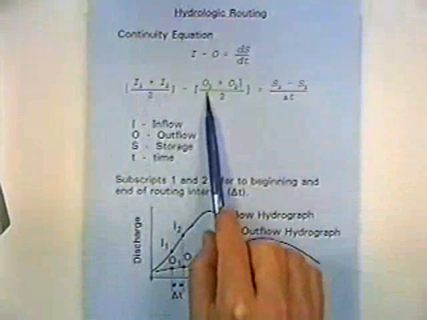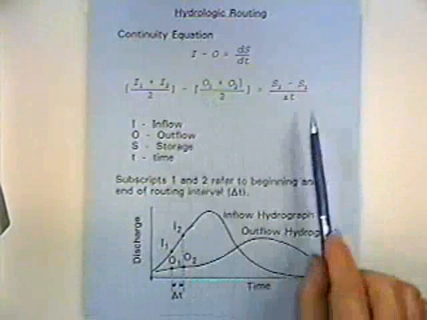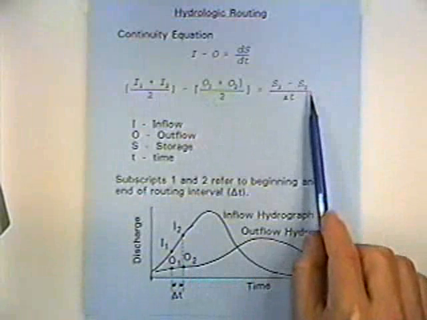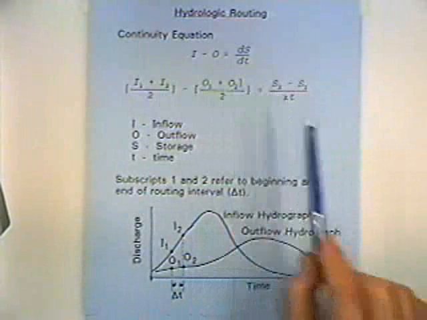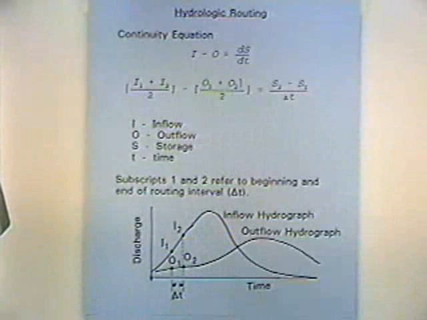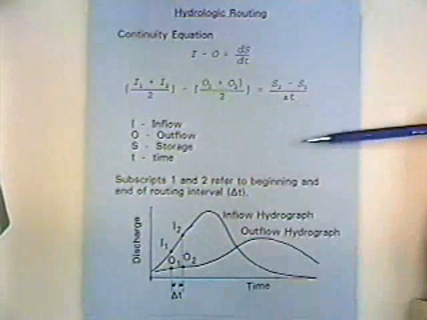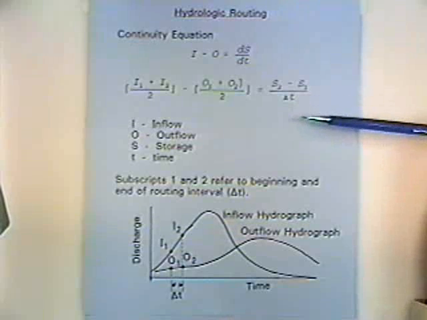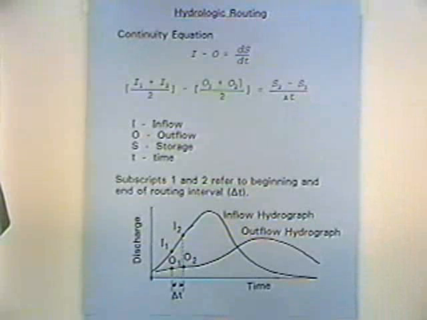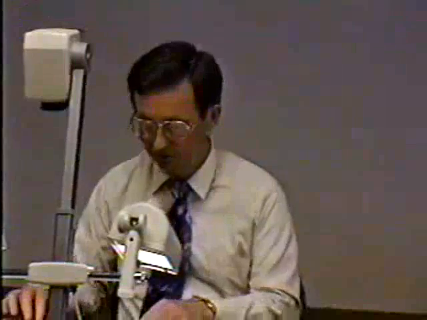We'll know all the inflows. We'll have just computed the outflow, and we will have just computed the storage at the beginning of the period, but we will not know the storage at the end of the period, nor the outflow at the end of the period. So we need some other relationship between storage and outflow. And that other relationship between storage and outflow is what makes for different routing techniques.